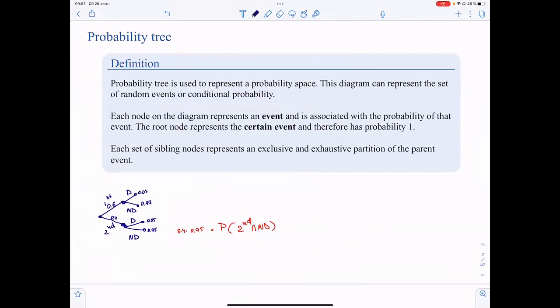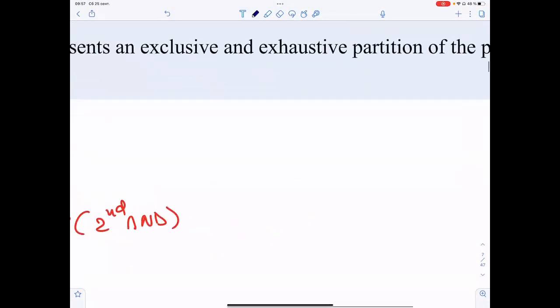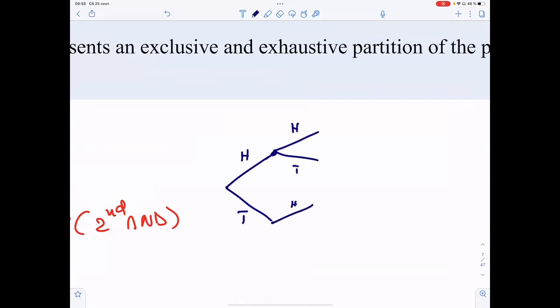For example, if we speak about a coin tossing problem, I may say the following. Look, let's say that you toss a coin 3 times. All right, so 3 times tossing a coin. Here's the first, head and tail. Here's the second round, head and tail. And here's the last one.